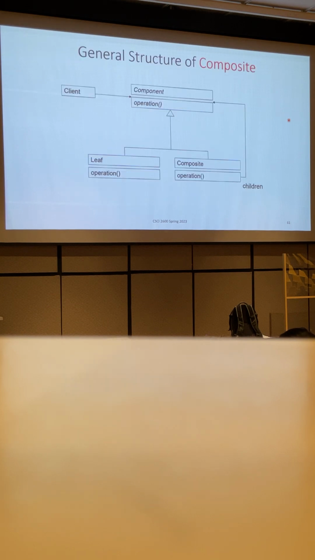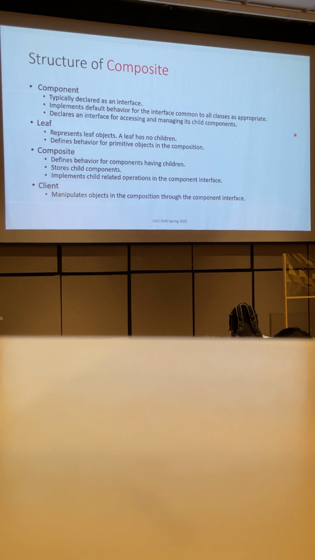All right, so that would be the general structure of the composite, right? So we have some components that all subclass from their abstract component class, and then some components are leaves, right? They're atomics, so they do not have anything else, but other components are composites, so they have children like that.